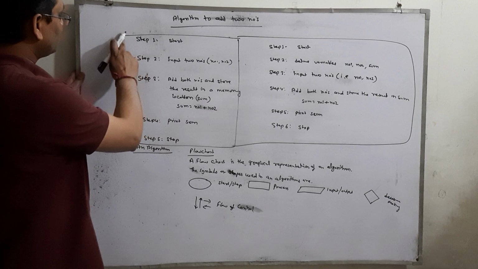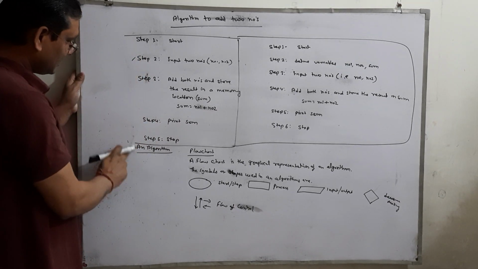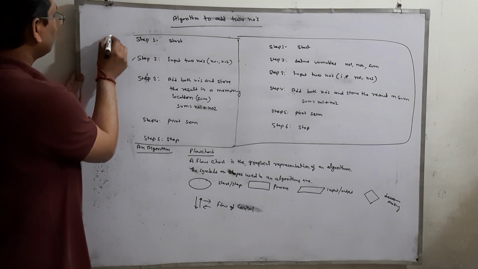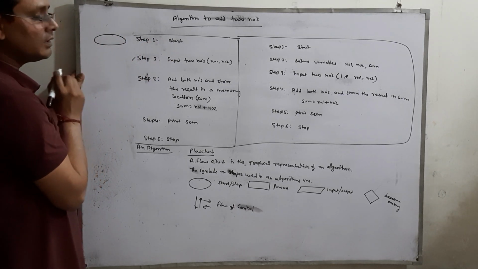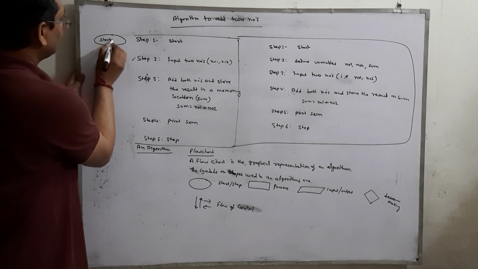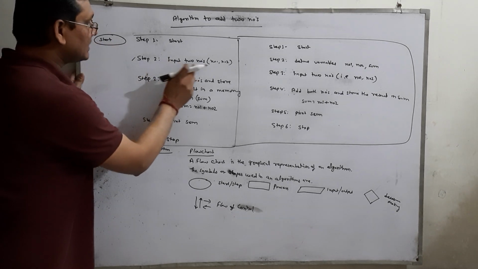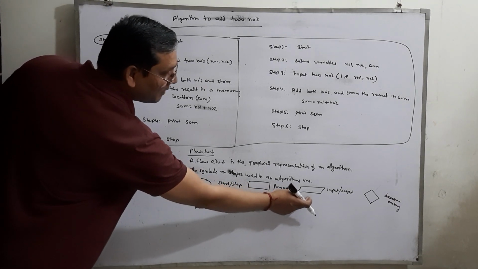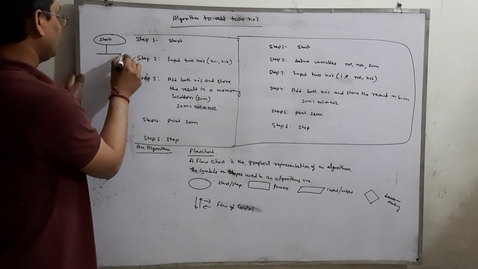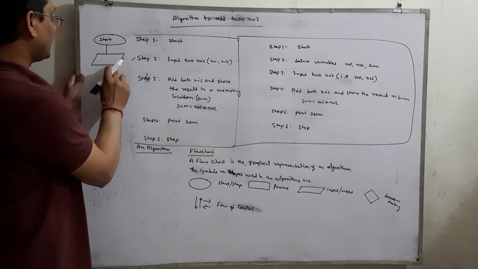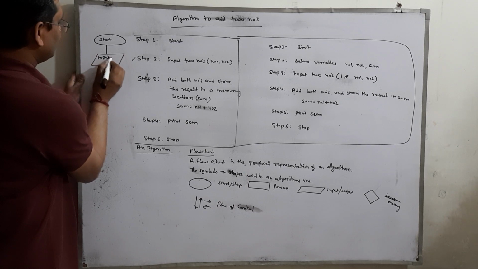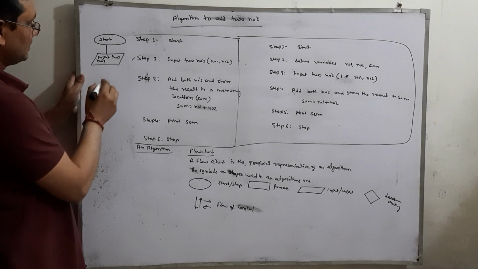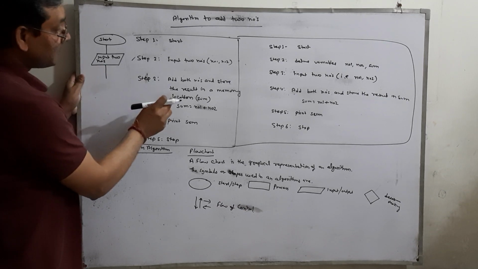Let's take an example of these two questions. Here, the first step is start. We are making an oval, that is start. Second step is input two numbers. For input we have parallelogram. Input two numbers. Add both numbers. That is the process.